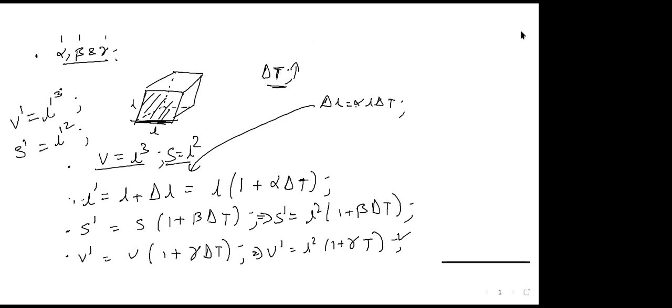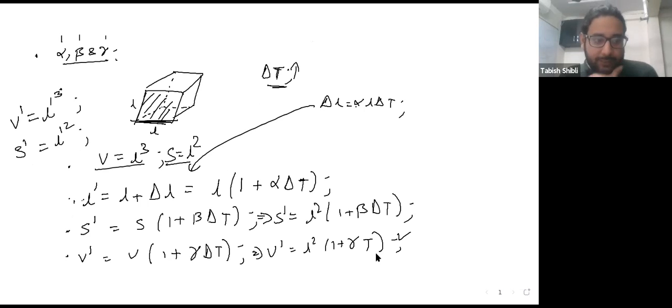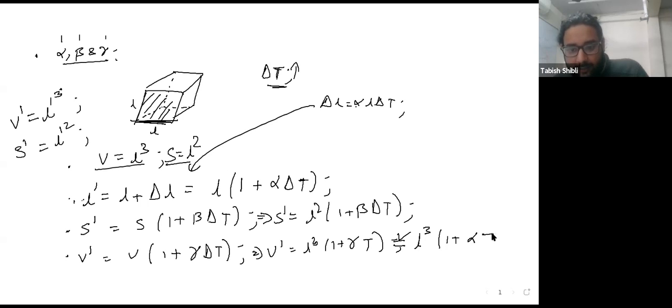Yes. Lovely. So this should be equal to L cube (1 + alpha delta T) whole cube. This is a delta T, this is also a delta T, and the whole cube.